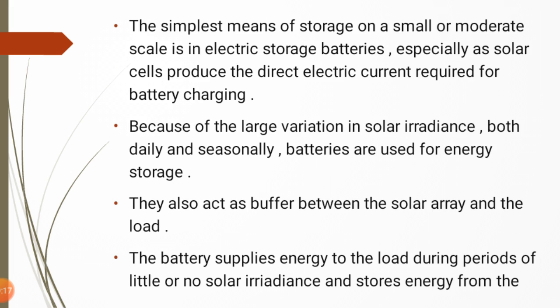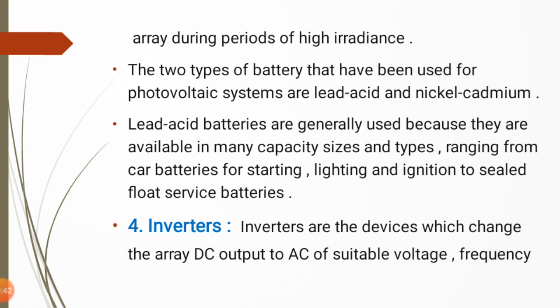That means if we want energy during a period without sun, the battery supplies energy when we want it. And when the solar irradiance is large, the energy generated from the solar cell is also large, so we can store this energy within a battery.